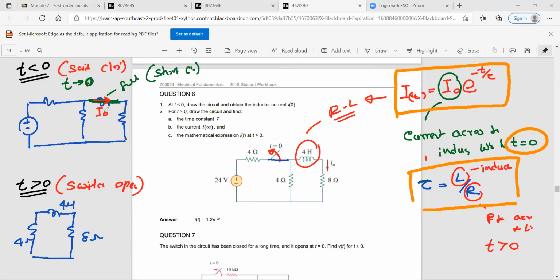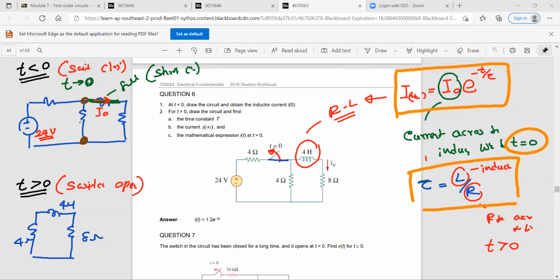So how do we find that I naught? It's current division. Yes, this is a voltage. So 24 volts is a voltage. If you can find the voltage across these two points, you can find the current, isn't it?